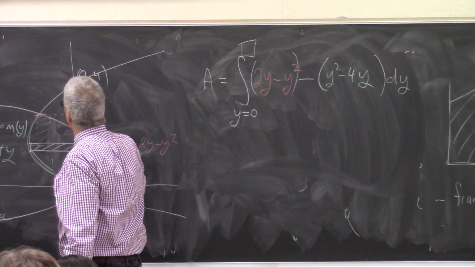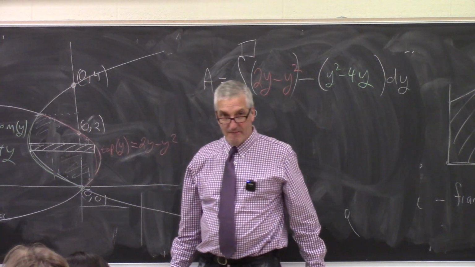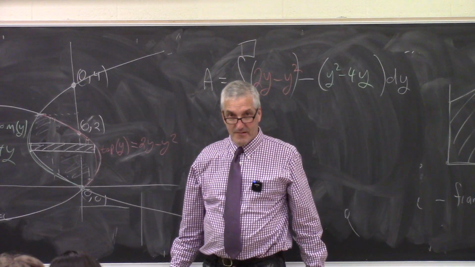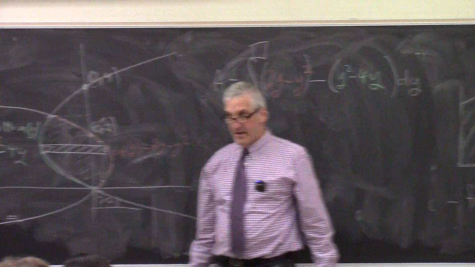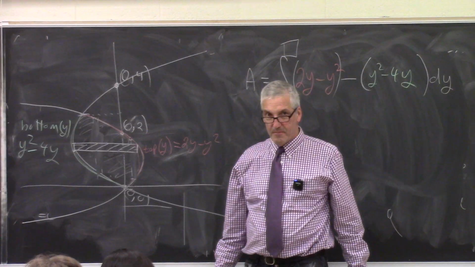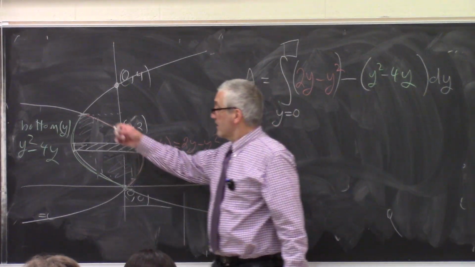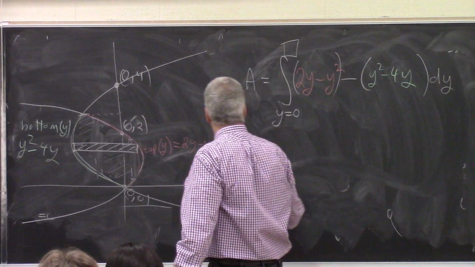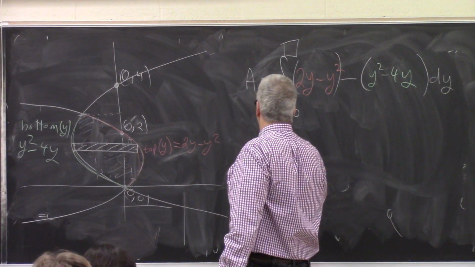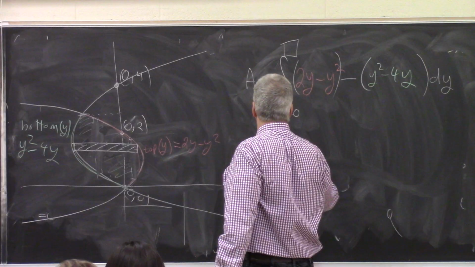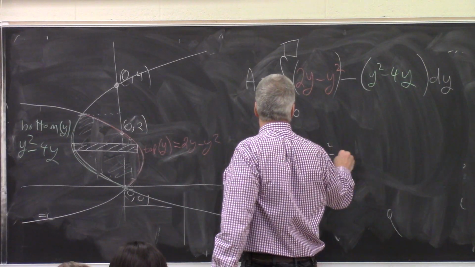So we're wondering what is this height? How do we solve that? Set them equal to each other? Yeah, we have to set this height equal to that height. So we have 2y minus y squared equals y squared minus 4y.